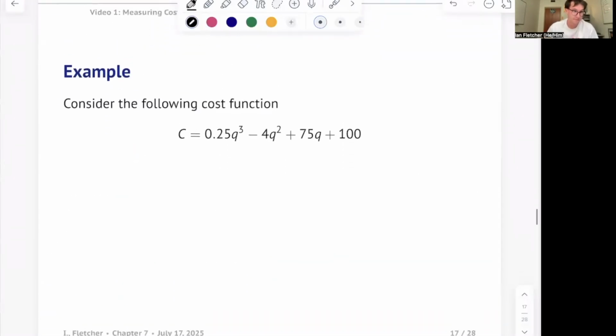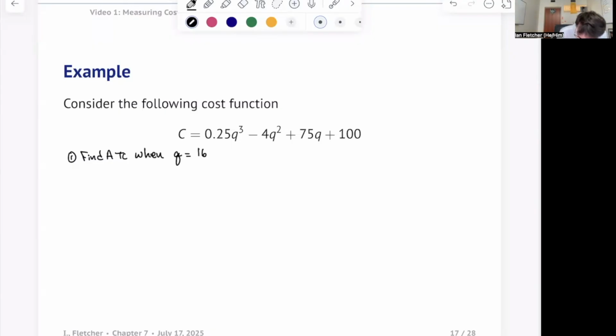Let's do another example, right? But this time let's think a little bit differently. So first, what happens if we find the average cost when Q is equal to 16?